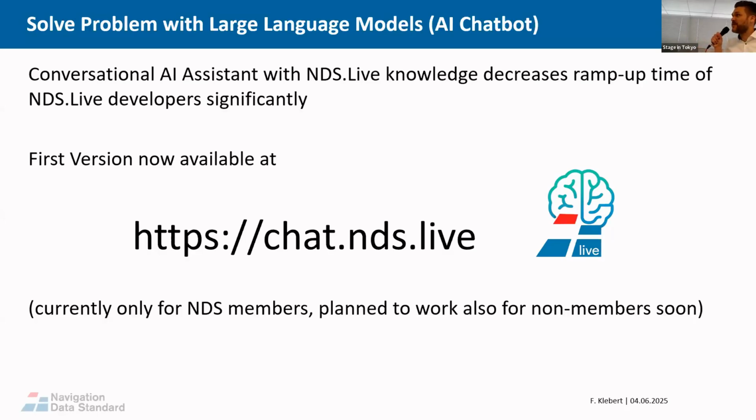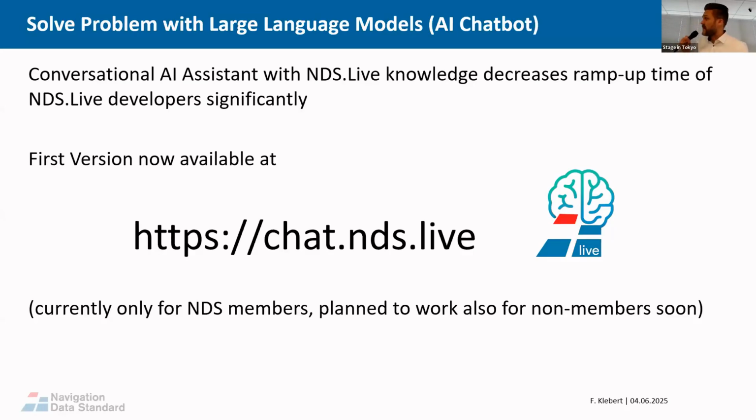So what we've been doing is we put all the NDS Live knowledge into an LLM. It's available, like you see there, at chat.nds.live. So we can call this NDS Live Chat and get rid of the AI or whatever kind of name.